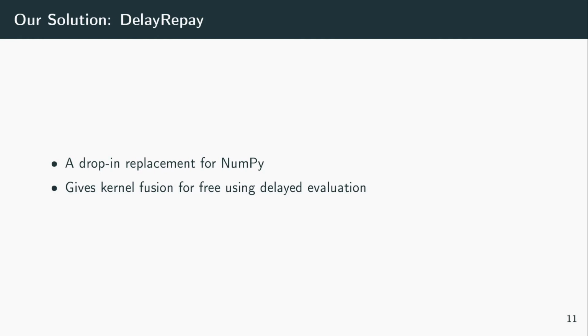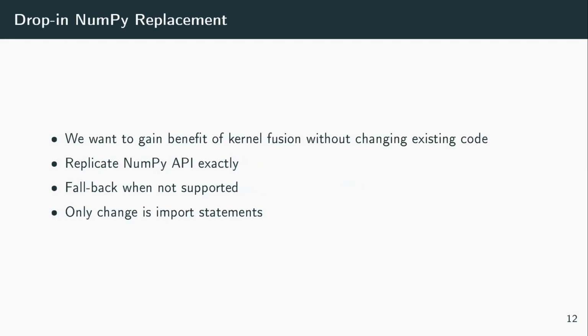Now we move on to the design and implementation of DelayRepay. We want to gain the benefit of kernel fusion without changing any existing code, or minimizing it as much as possible. This is our key goal with this work.